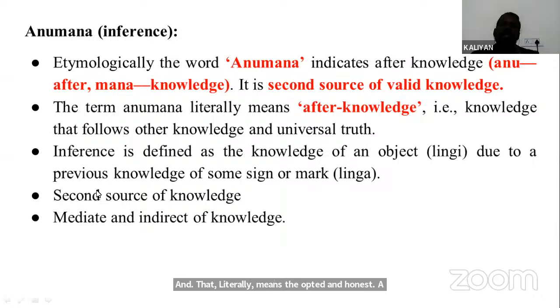So anumana depends on already existing knowledge. Inference is knowledge of an object due to previous knowledge of some sign or mark, a linga. It is mediate and indirect knowledge.